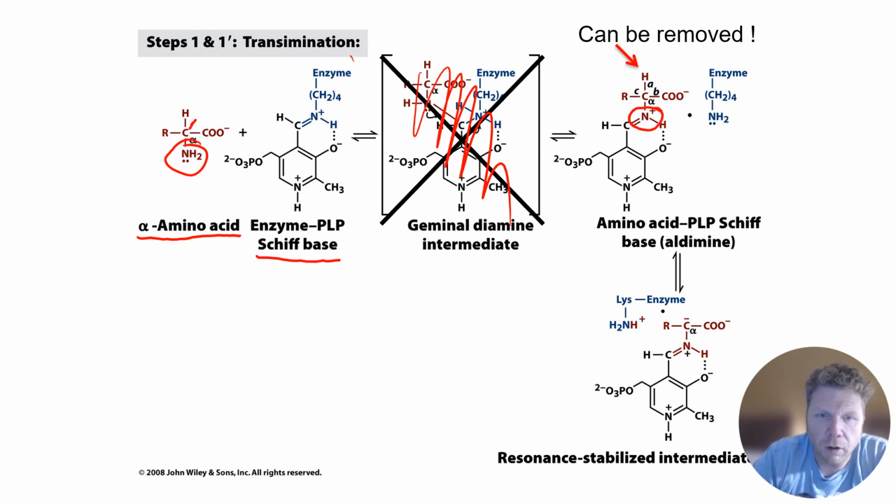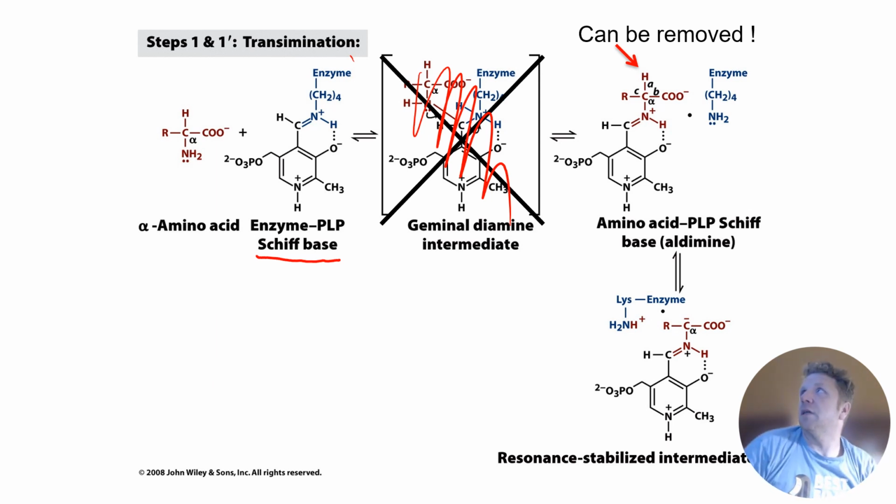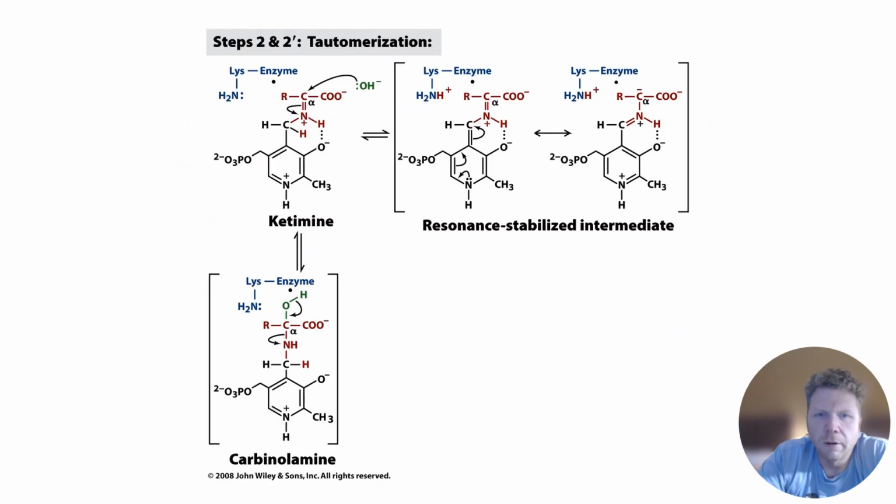We've got our alpha carbon right here. Now, what we ultimately want to do here is remove our alpha hydrogen. And it can be removed, and we have this resonance stabilized intermediate. Our enzyme stays by because that's going to help our reaction actually take place. But we have this aldamine resonance stabilized intermediate.